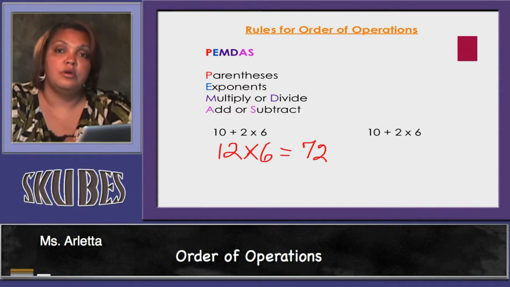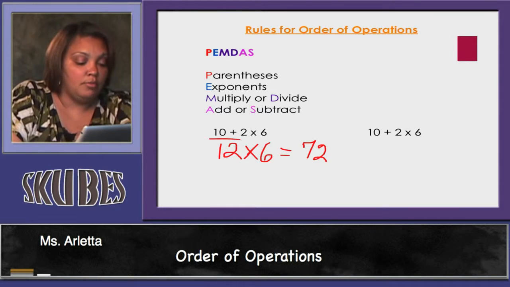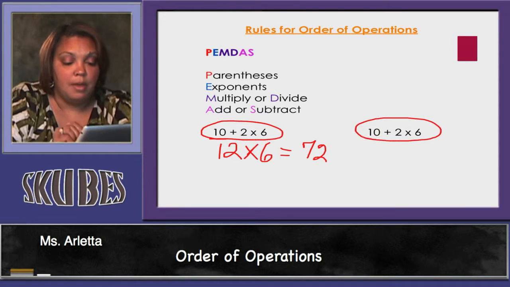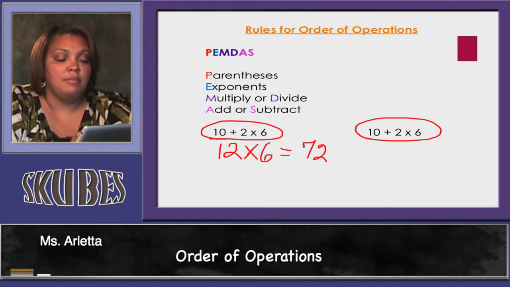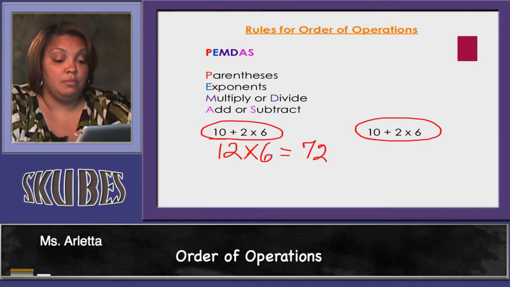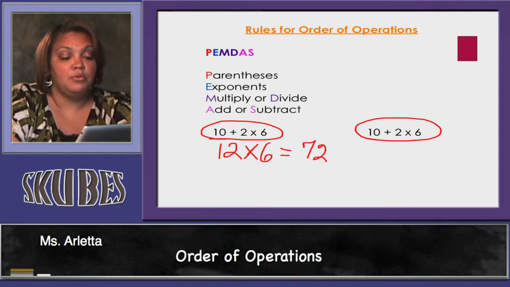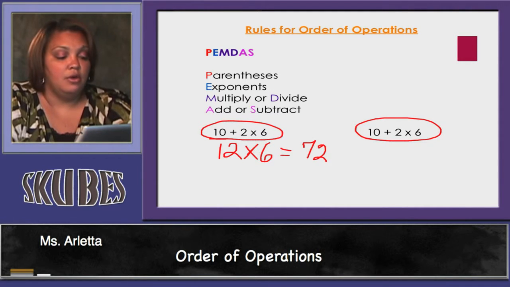Okay, now we're going to go to this one. This problem here, if you observe, is identical to this problem. But this time, I'm not going to work the problem from left to right as if I was reading a book. I'm going to look at this: parentheses, exponent, multiply or divide, add, and subtract.